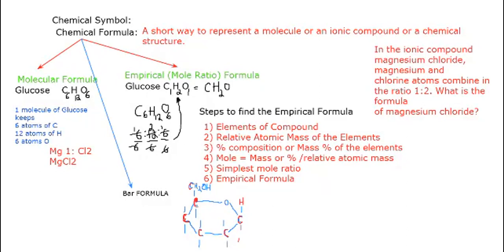Now you just calculate how many carbon, how many oxygen and how many hydrogen are there. This is the line formula, line diagram or bar formula.